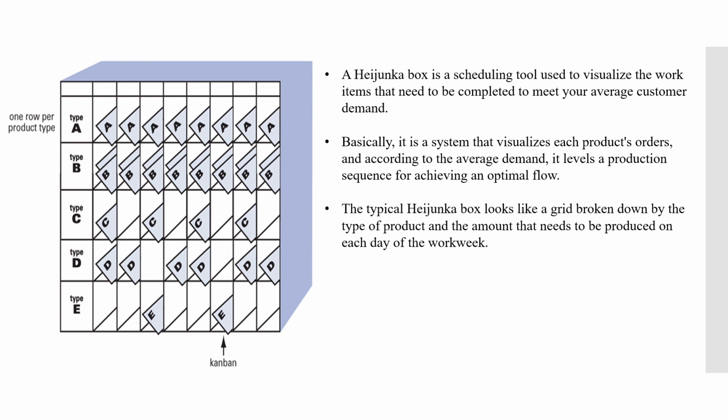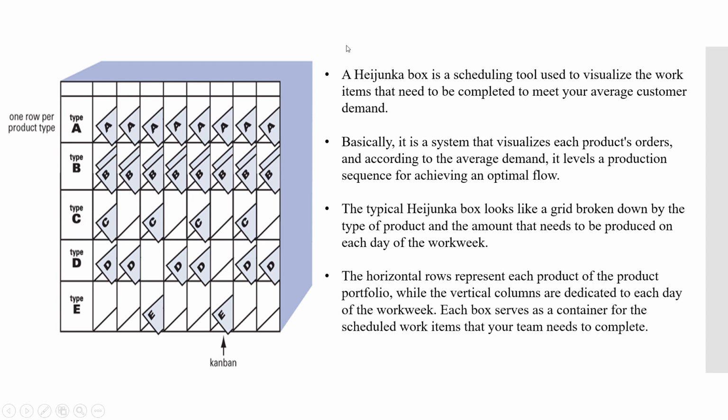Here you can see that the horizontal rows represent the product portfolio. In these horizontal rows, all the product A parts are there, product B, product C, product D, product E, and the vertical columns represent the days.